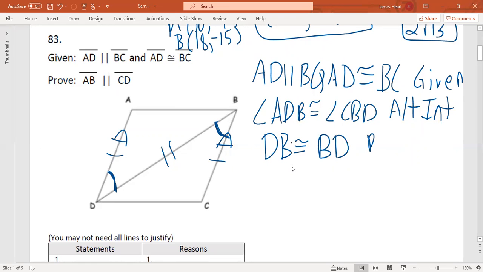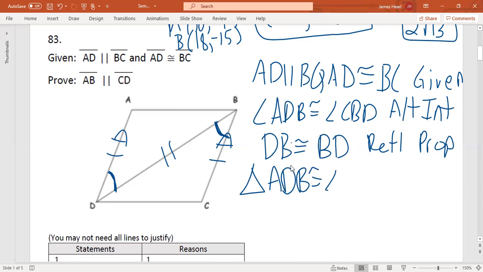Anything that's congruent to itself is the reflexive property. At which point you have these two triangles being congruent to each other. So triangle ADB, we'll just use the same angle names we did earlier, has to be congruent to triangle CBD.